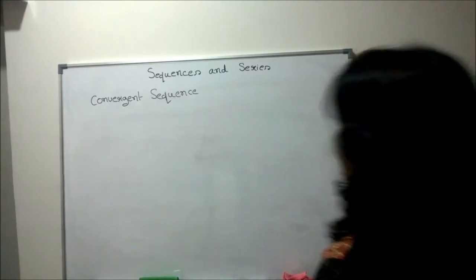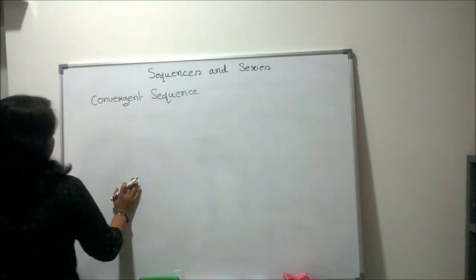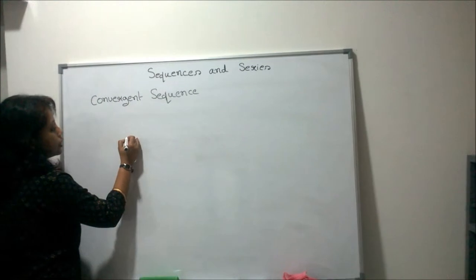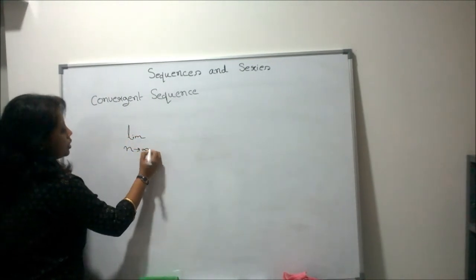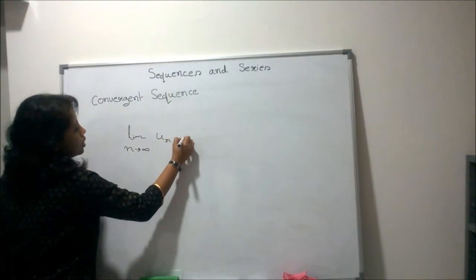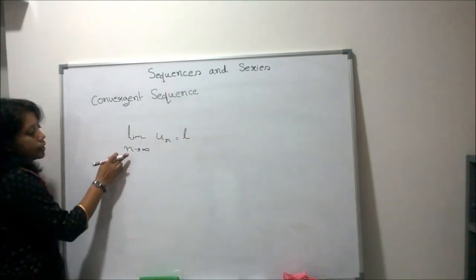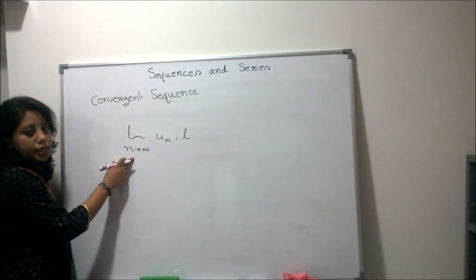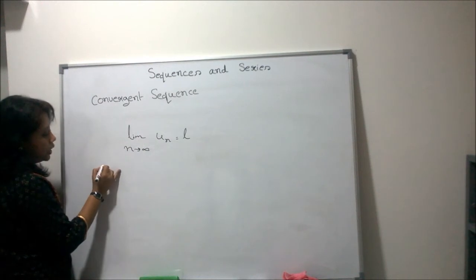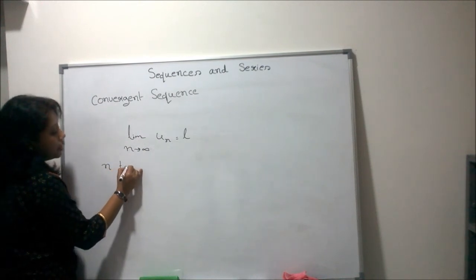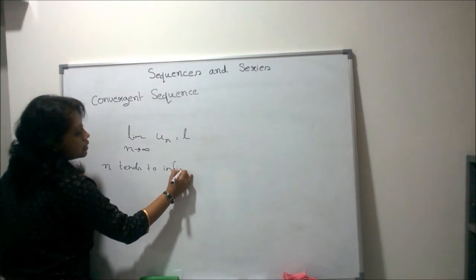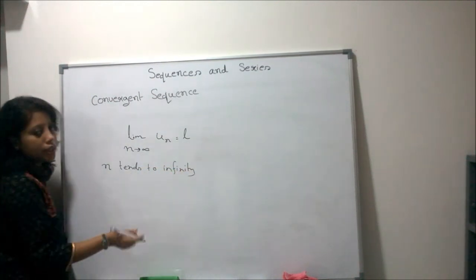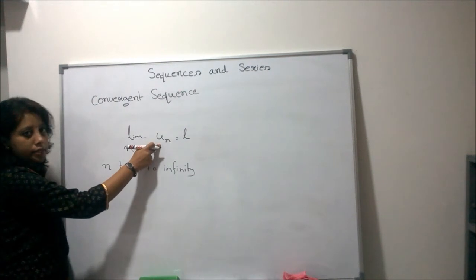Remember, we represent a convergent sequence as limit n tends to infinity u_n equals L. That means the number of terms increases to infinity, where u_n is the nth term.